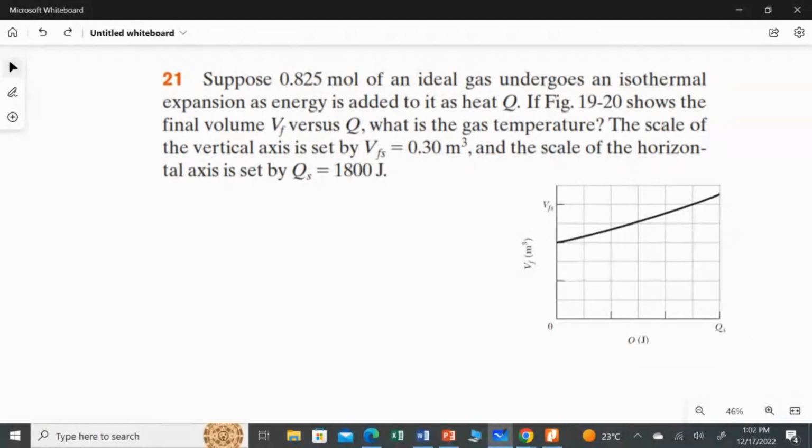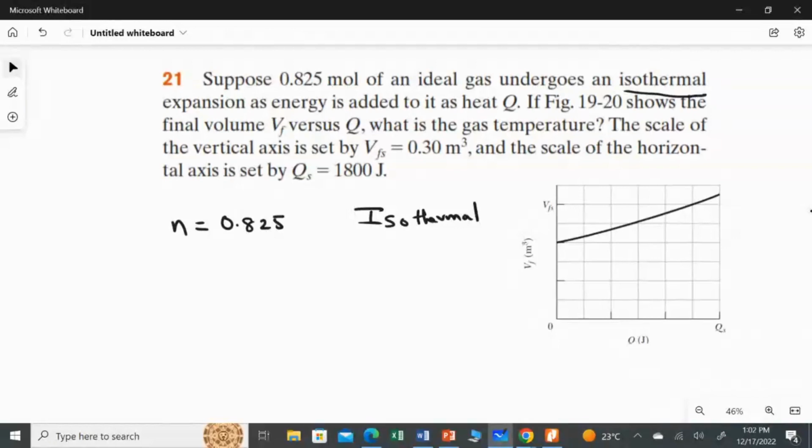Okay. So first of all, I'm going to write what is given in the question. They mention the number of moles of the ideal gas, so n takes the value 0.825. And they mention the process name, isothermal expansion, so I write isothermal. And here they gave the figure, the graph of volume versus heat.